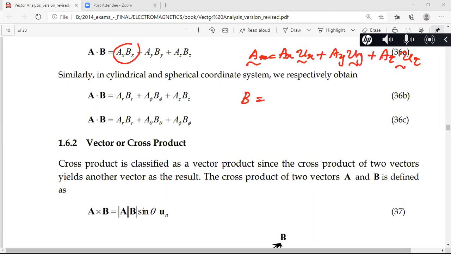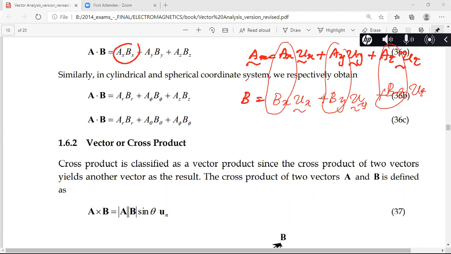B is BX UX plus BY UY plus BZ UZ. If you take the dot product between these two terms, you get the products of these things. If you take the dot product between UX and UY, the result becomes 0.